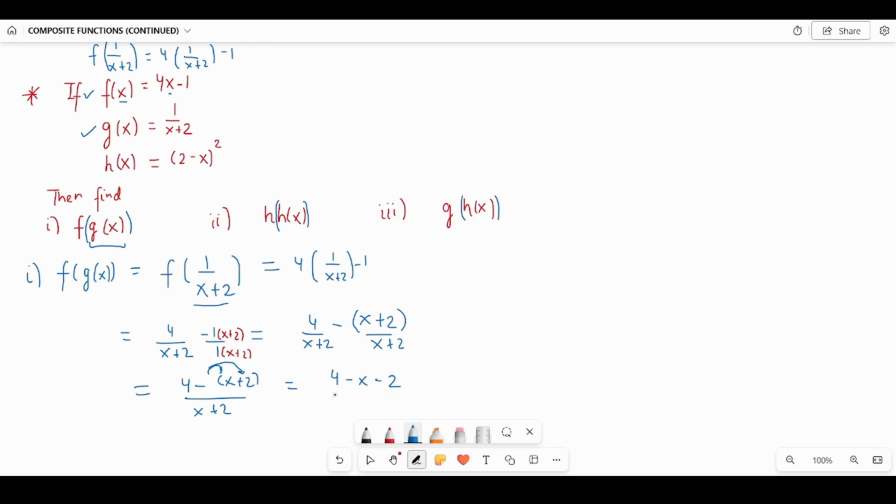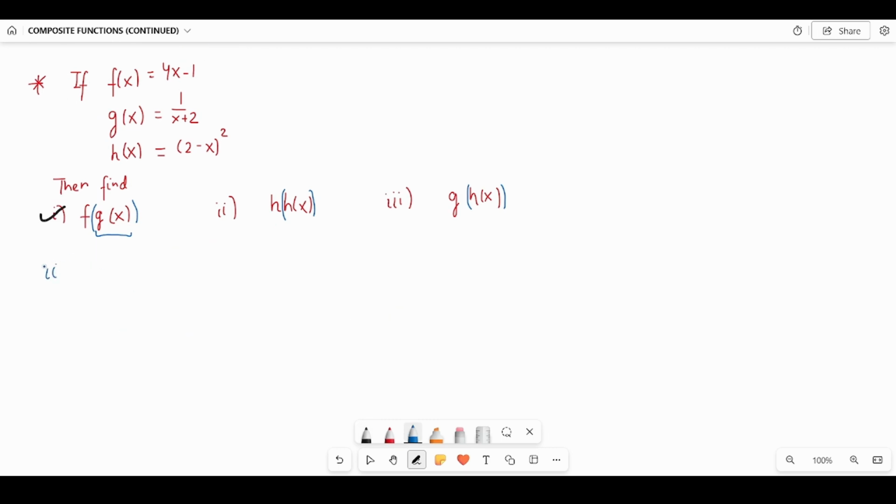So it will become 4 minus x minus 2 over x plus 2, that is equal to 2 minus x, since 4 minus 2 is 2. So it will become 2 minus x over x plus 2. So that is the value of the composite function f of g of x.